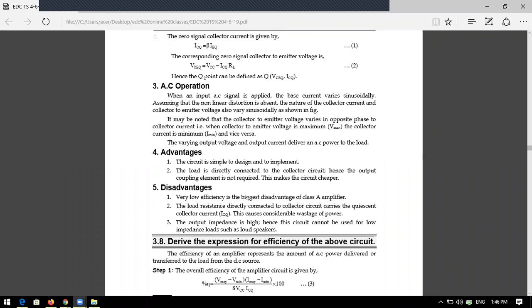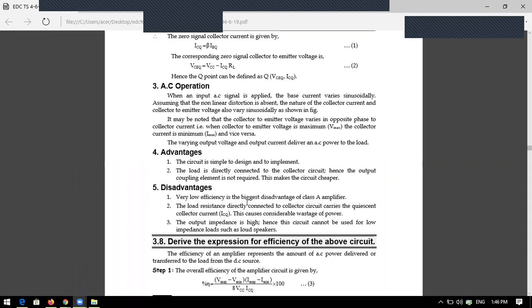The output impedance of the circuit is high, so that is the reason you can't load loudspeakers. Also, there is wastage of power in the class A power amplifier. Those are the major disadvantages.